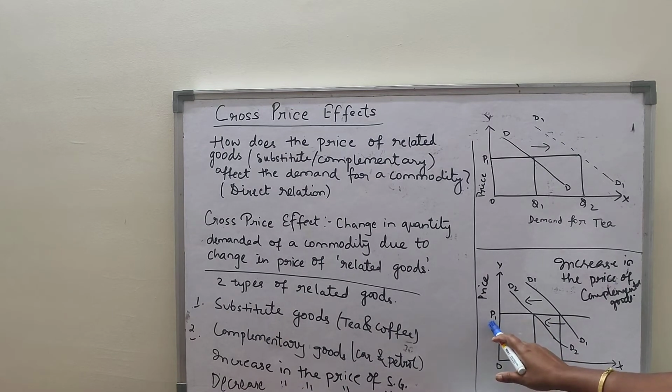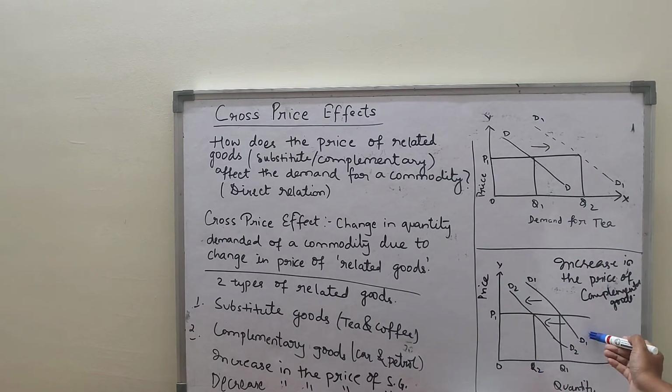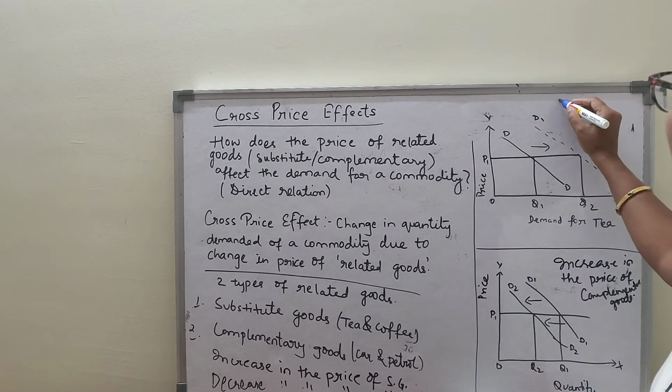Even though the price remains constant, consumer demands less of car, that is OQ2. Okay, consumer purchases fewer cars because of the increase in the price of petrol. Consumer will shift his demand from D1 to D2. There is a decrease in demand, leftward shift. So this is called the decrease in demand. So understood this?